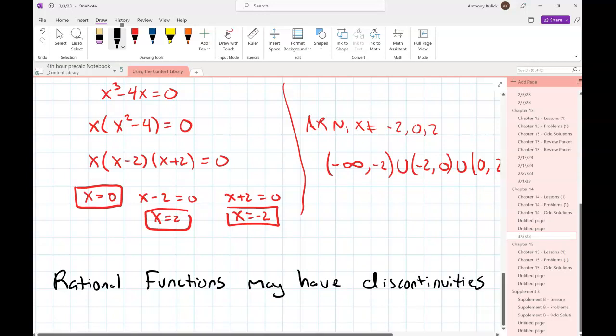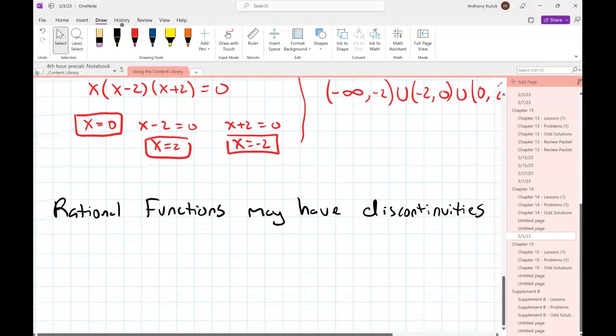So what do I mean by discontinuity? If I'm drawing the graph of the function, I have to pick up my pencil, meaning there's going to be a break in my graph somewhere where I can't draw it with one single stroke of my pencil. Does that feel okay?